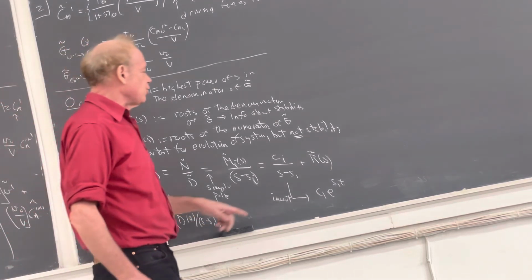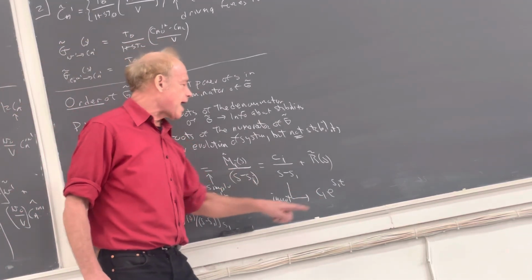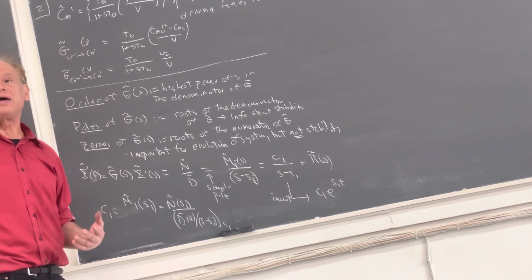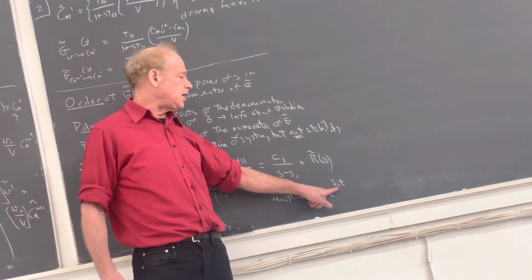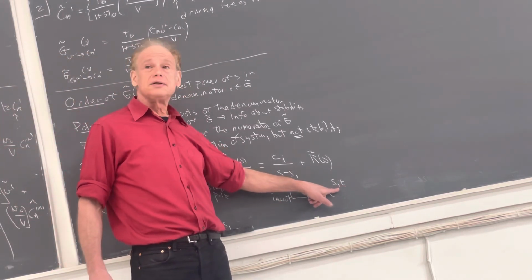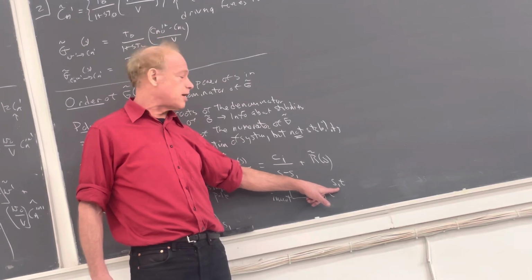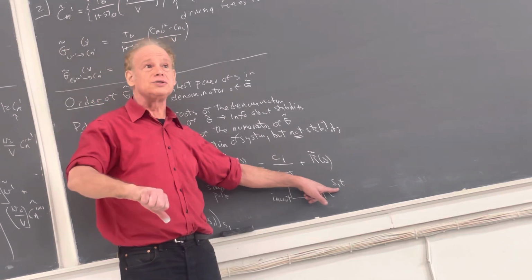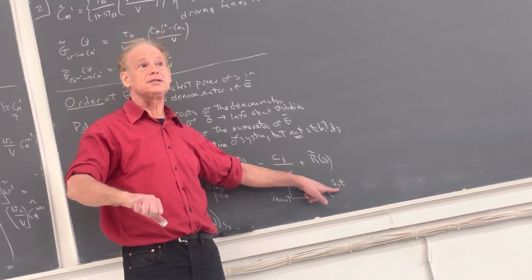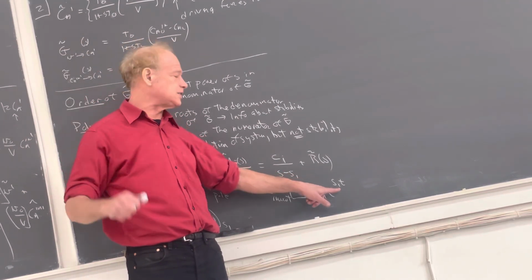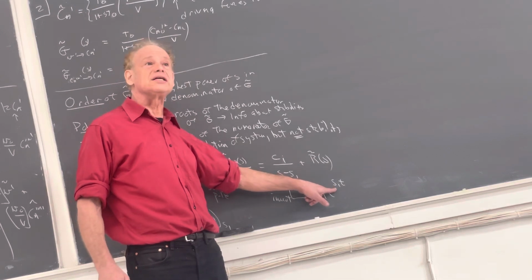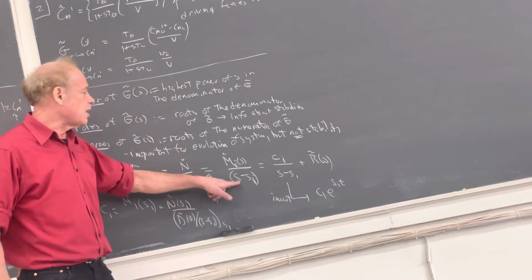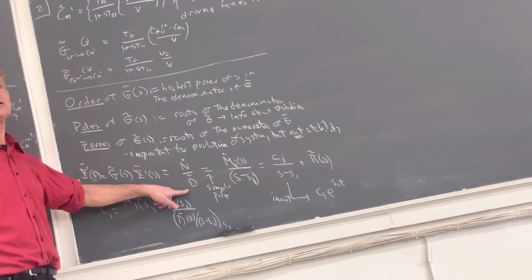So when I'm looking at the time dependence of the system, the time dependence, which is the exponential, is it going to blow up? Is it going to decay to a steady state? Is it going to oscillate? What is it going to do? That all depends on S1, and S1 comes from the denominator. It doesn't come from the numerator. All the information about stability came from the denominator.